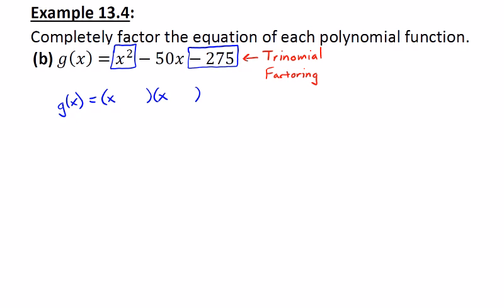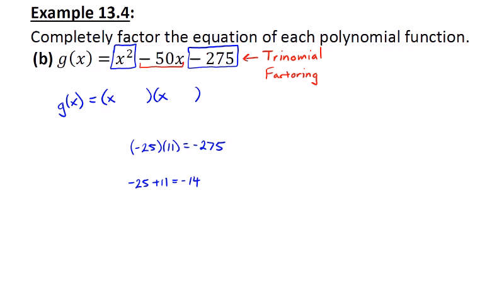So we have to have another test to go along with this. Let's start with one pair that works with negative 275. That would be negative 25 times 11. That will give us negative 275. But if I take negative 25 and I add 11, I will end up getting negative 14. So this is a way to check whether or not you will be able to recreate that middle term of negative 50x.